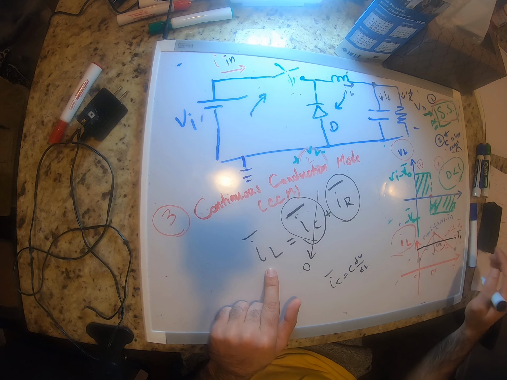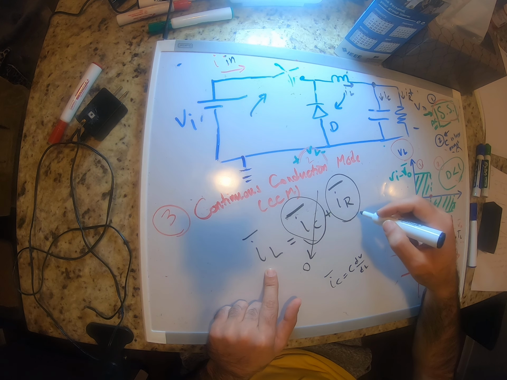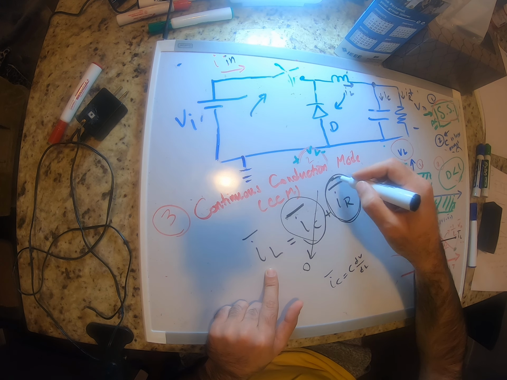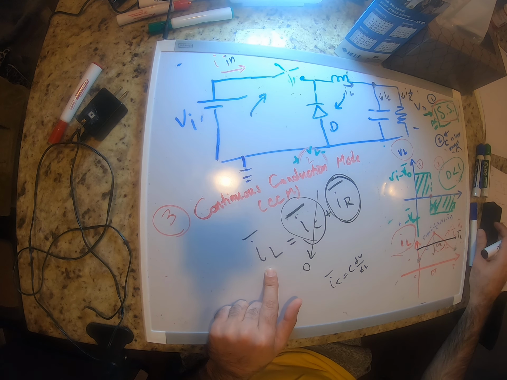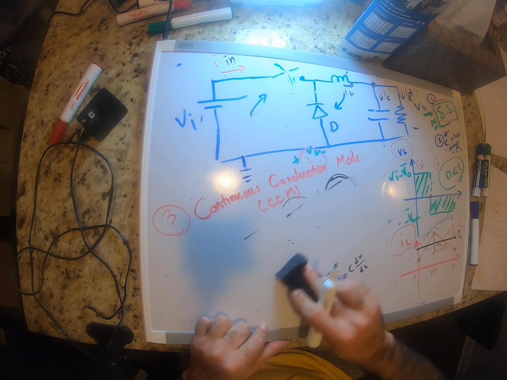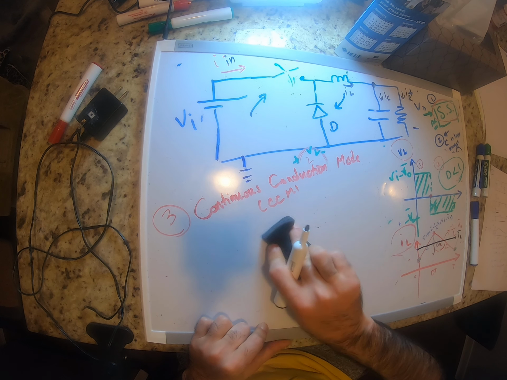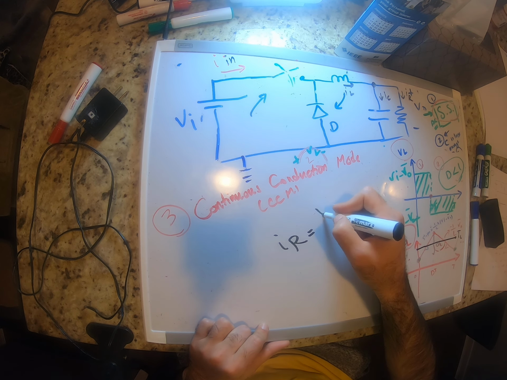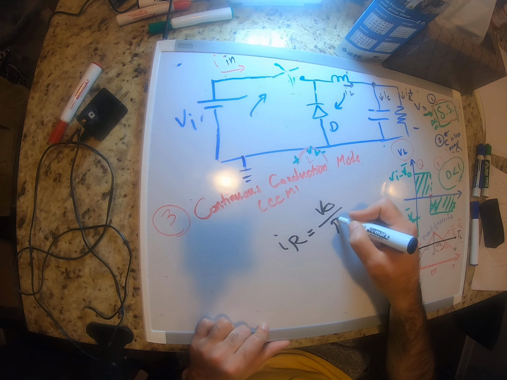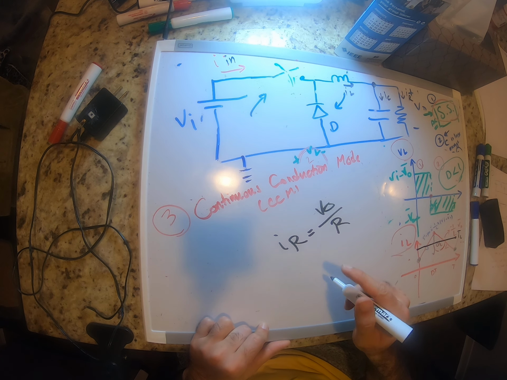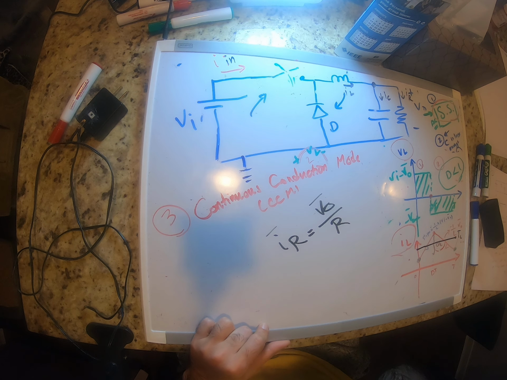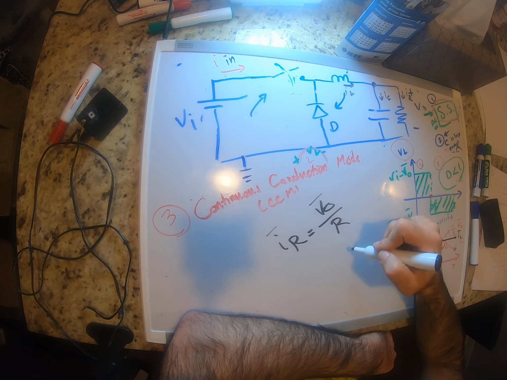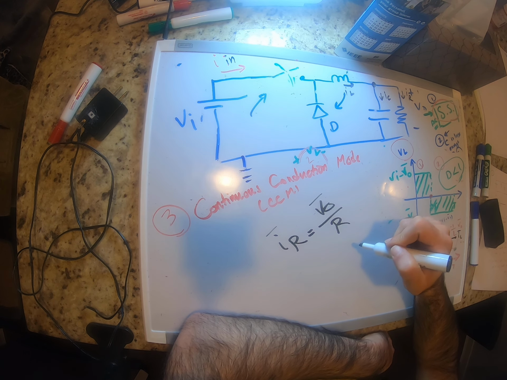So this is the average of IL. So the average of IR is going to be exactly equal to that, right? But also, based on Ohm's law, the average of IR is VO over R. So average of IR is equal to the average of VO divided by R.